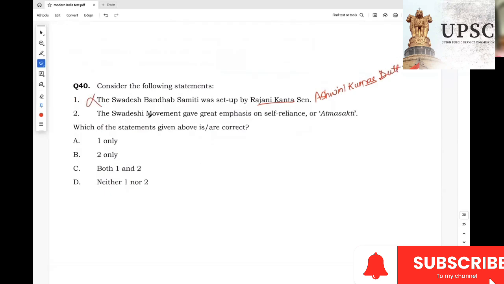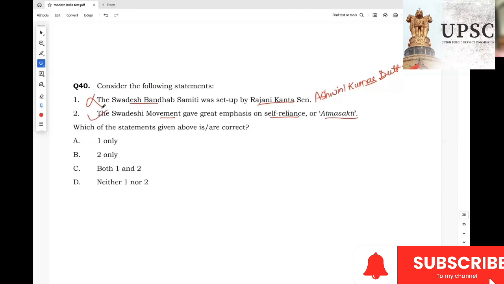So this is wrong. The Swadeshi movement gave great emphasis on self-reliance and Atma Shakti. This is absolutely correct. That's why they created the Swadesh Bandhav Samiti, to propagate the idea of self-reliance.